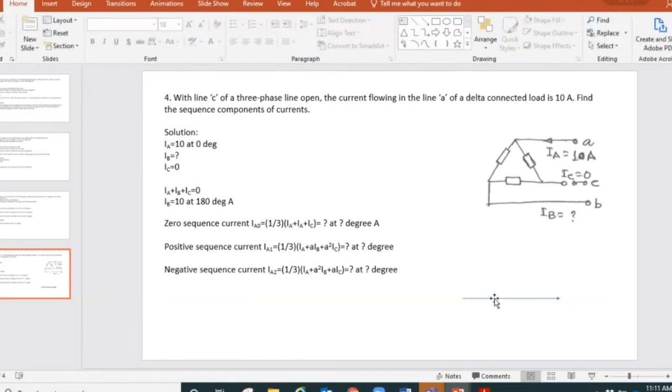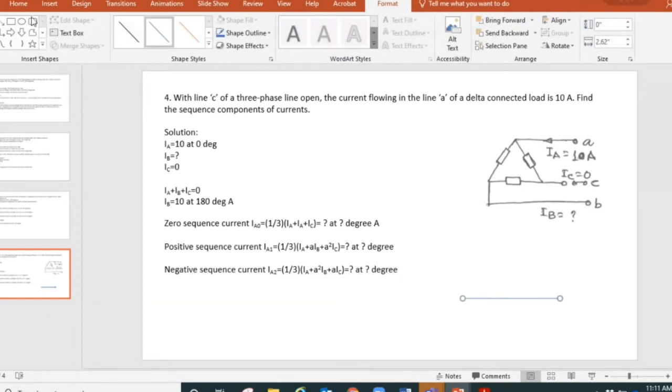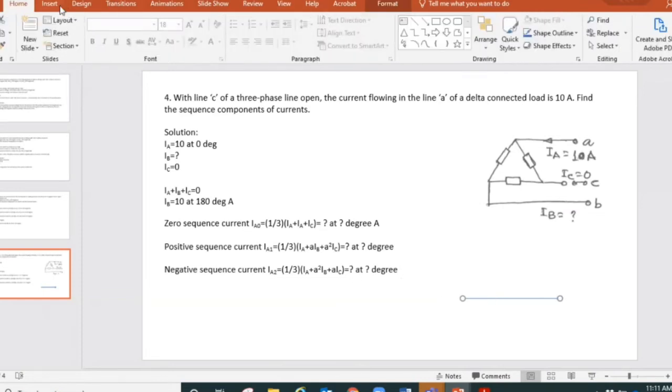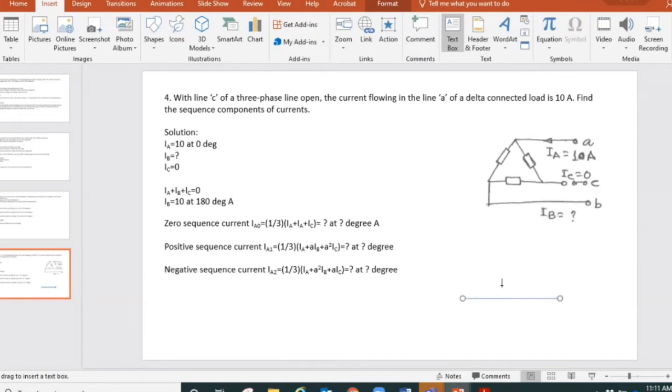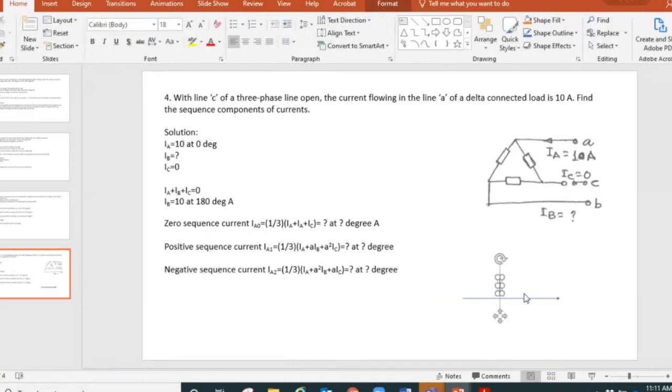Yeah, it has an arrow. So if I say that this is A, and obviously it's the way I drew it, it's parallel to the x-axis. It will be at 0 degree.